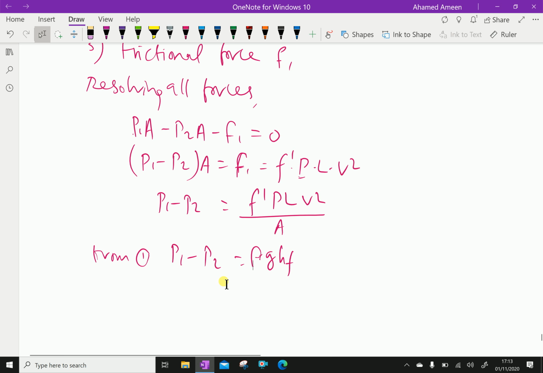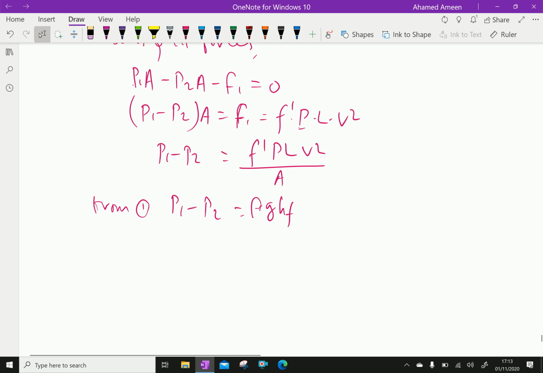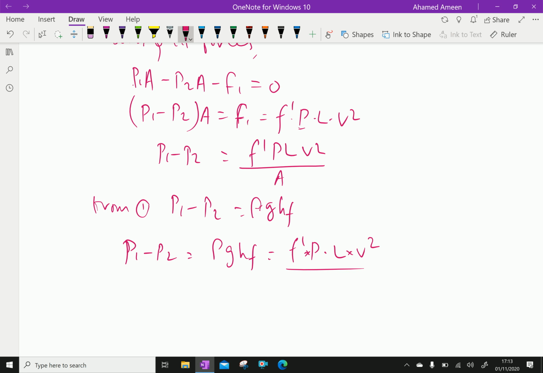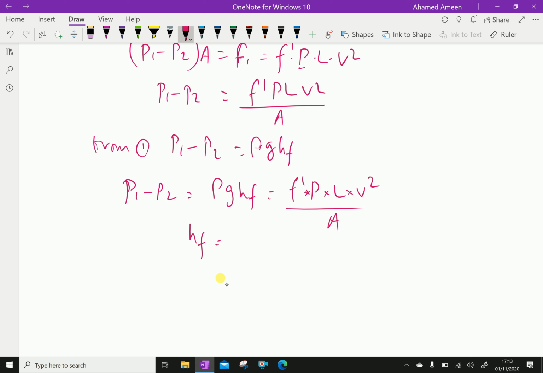Therefore, equating the values, rho g HF equals F dash into perimeter into length into V squared by A. From that, HF equals F dash by rho g into P by A into L into V square.